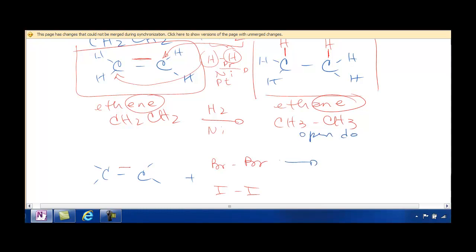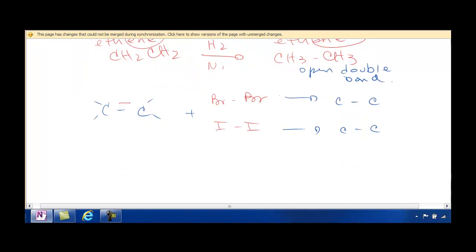So I am going to open up the double bond. The double bond no longer exists in the products. It's not there. So what am I getting? A bromo there and a bromo there, or an iodine there and an iodine there. And whatever else I had, H's, they don't change.